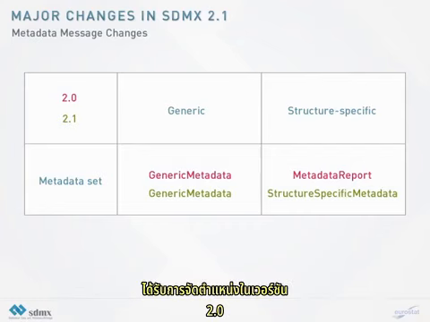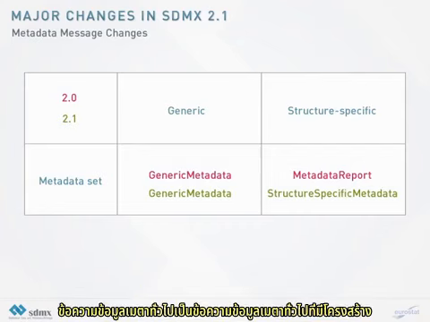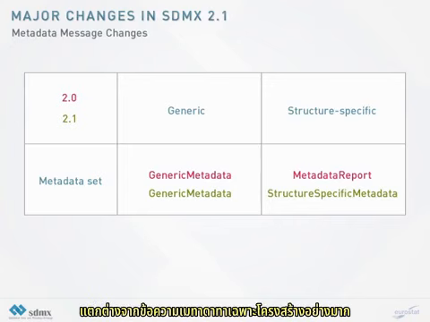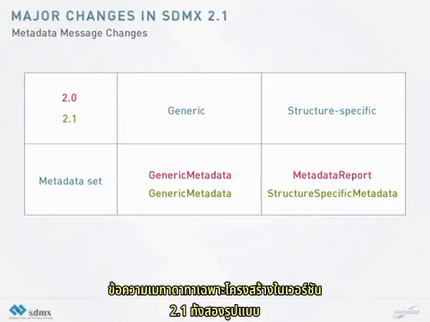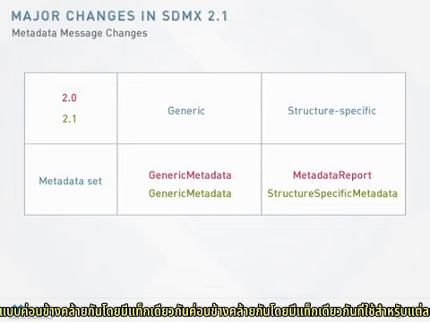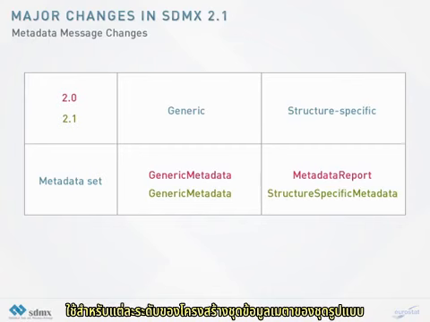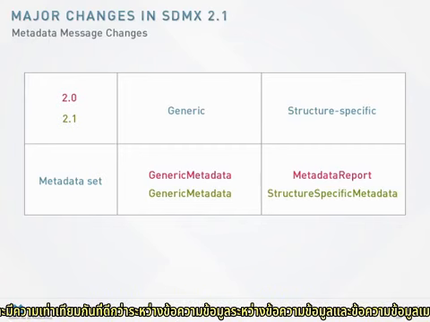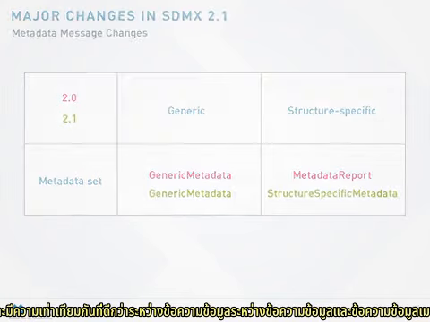In version 2.0, the generic metadata message was structured much differently from the structure-specific metadata message. In version 2.1, the 2 formats are quite similar, with the same tags being used for each level of the metadata set structure, and there is a better equivalence between data messages and metadata messages.